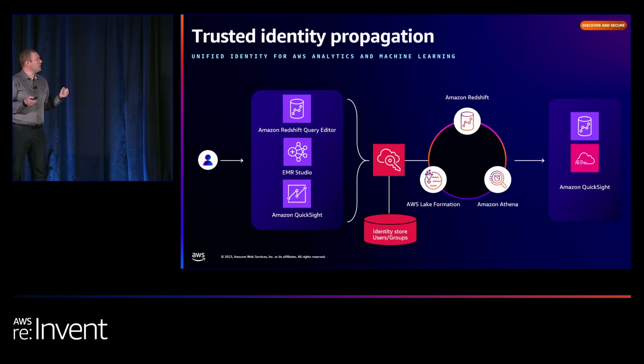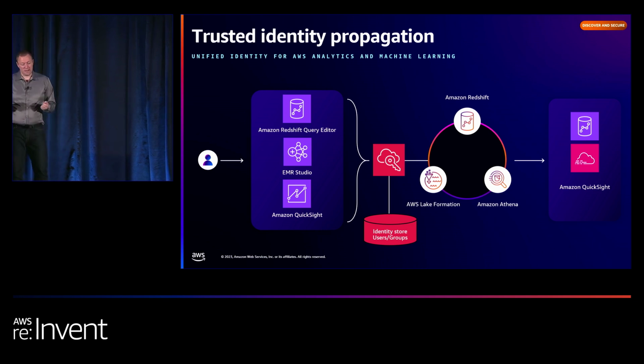So it uses EMR, and EMR, on behalf of that user, will reach out to Lake Formation and the Glue Data Catalog to get credentials to access S3 and get the permissions that it needs to apply. Assuming that everything goes okay, and you actually have permissions, EMR gets the credentials back, and on behalf of the user, EMR then accesses Amazon S3 to get the data.